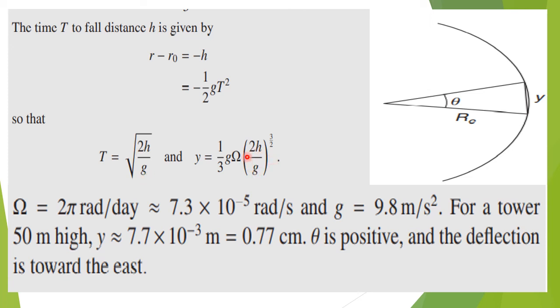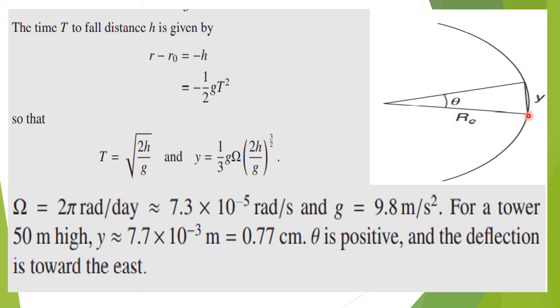On substituting t³ here, what is y in this equation? y is equal to r_e times θ, since arc by radius is the angle. Therefore y is equal to 1 by 3 g ω times (2h by g) raised to 3 by 2.